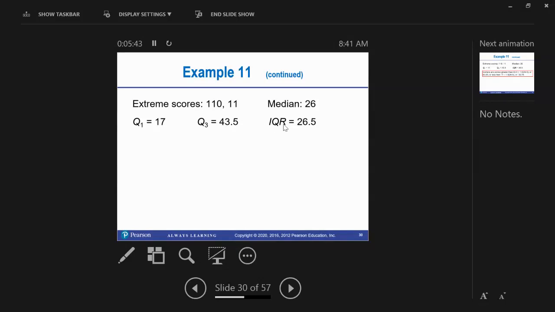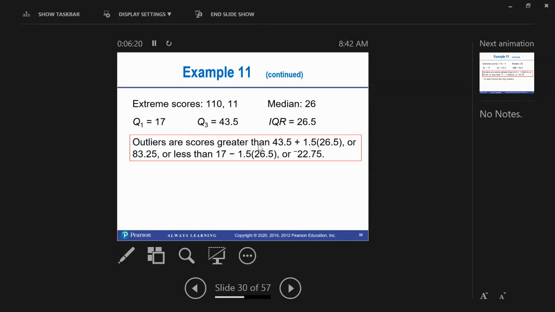Now, how do we find the IQR? Subtract Q3 minus Q1. If you take 43.5 minus 17, you end up with 26.5. So our rule said if we're going to figure out whether these extreme scores are officially outliers, I'm going to take the 26.5, multiply that by 1.5, and add it to my 43.5, and subtract it from the 17.